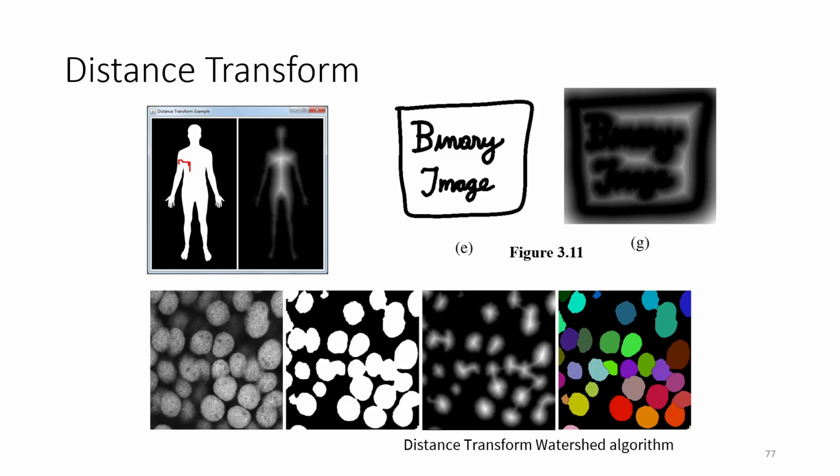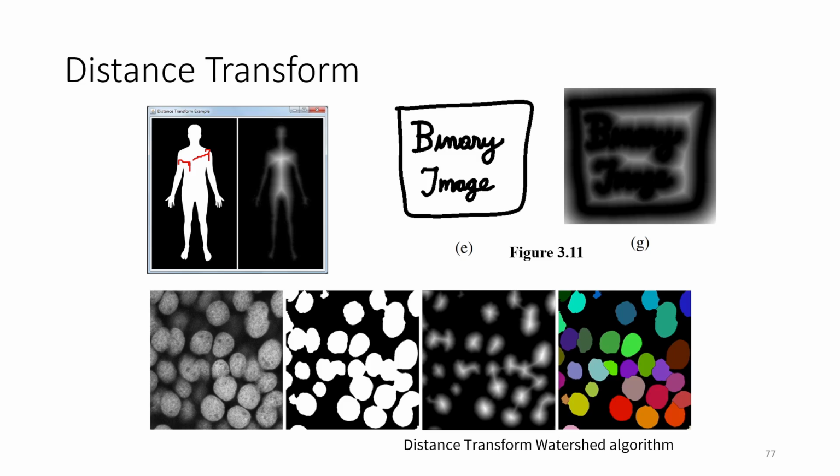It looks like this one. Given the human silhouette, we will generate this. The brighter means it takes more steps from the pixel to its nearest dark pixel.